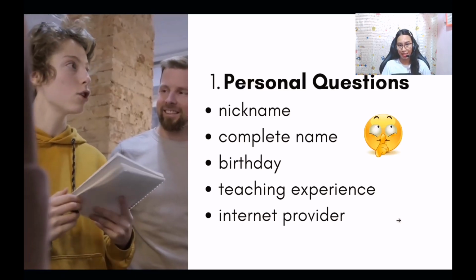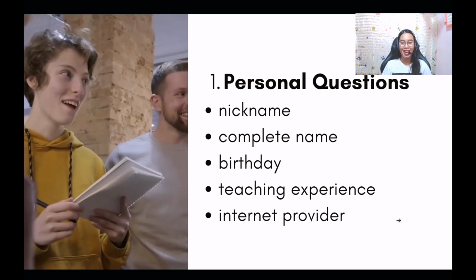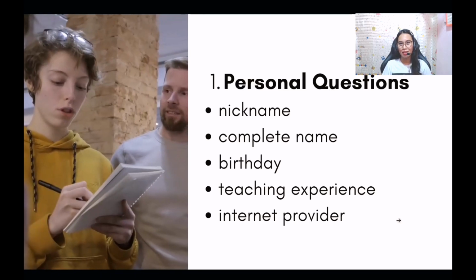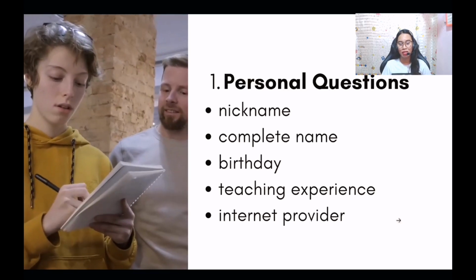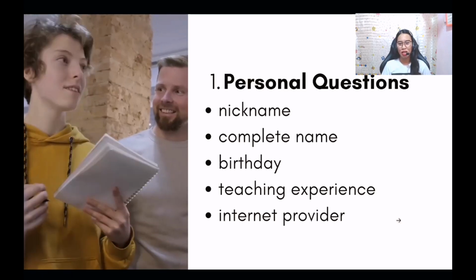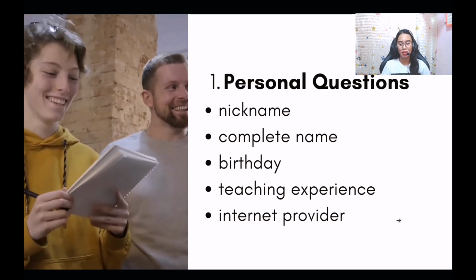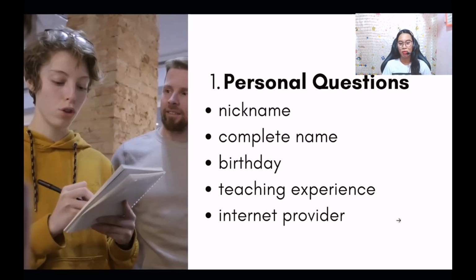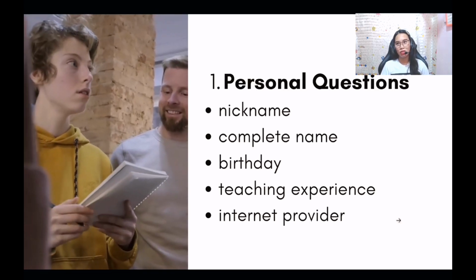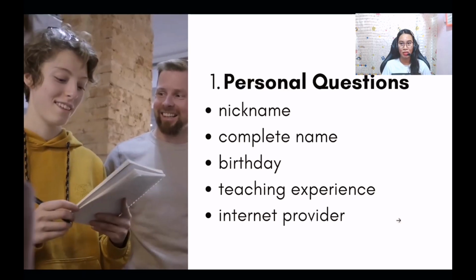The year is a secret. But of course, if you are asked, please give the year. And I have been teaching English for 4 years now. And it was a great opportunity for me to expand. Actually, they will not ask you about your experience, they will just ask how long you have been teaching or if you have any experience. And my internet provider is PLDT. That's all. And in RareJob, they will ask you to send your speed test result.